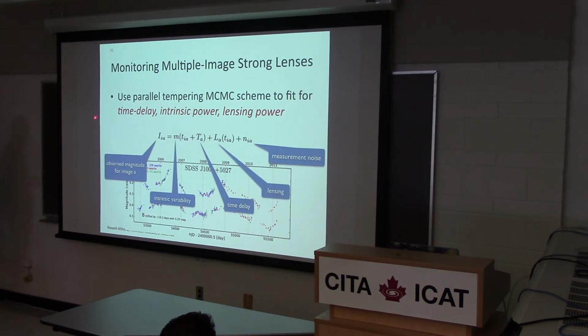So what we do is use an MCMC scheme, assuming that these are both Gaussian random fields with some yet-to-be-determined power spectra. But the difference is, of course, that intrinsic variability is the same Gaussian random field, only time shifted between different images, while the lensing is uncorrelated from one image to another. And of course, noise is uncorrelated between images and between different times.